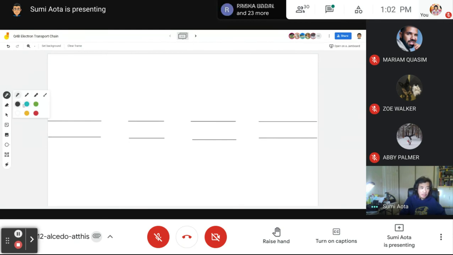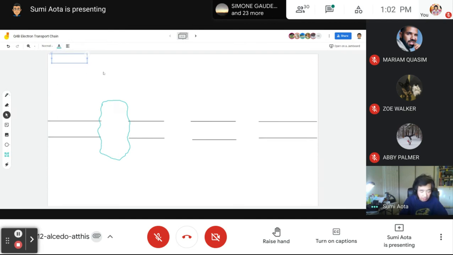Okay, blob number 1, which is located here, and the shape of the blob doesn't really matter. That's my first protein complex. And that, in blue, is NADH dehydrogenase. Okay.